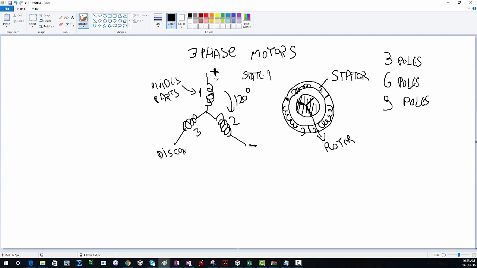in state number 2 it will be different. It will be like this. In state number 2 we will apply plus here, minus here, and this will be disconnected.